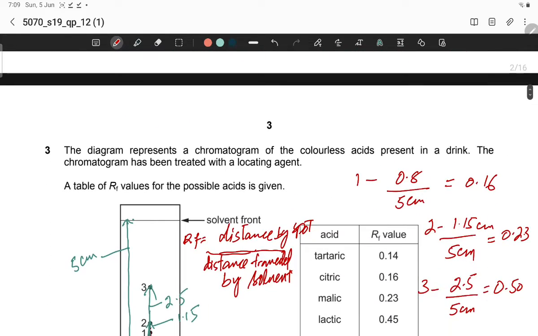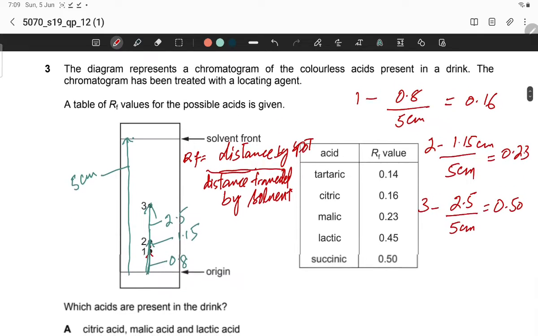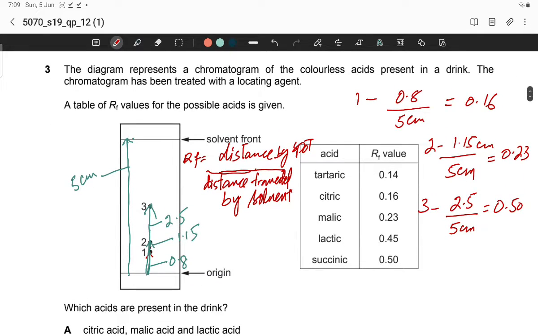Question number 3. The diagram represents a chromatogram of colorless acids present in a drink. The chromatogram has been treated with a locating agent. Also, a table of RF values for the possible acids is shown. There are 3 spots: spot 1, spot 2 and spot 3.